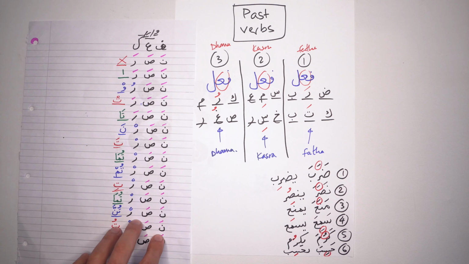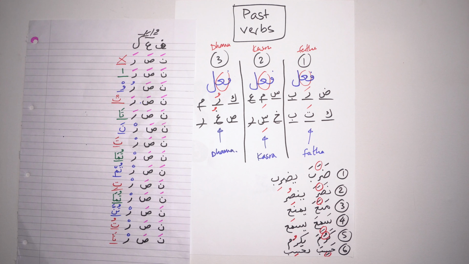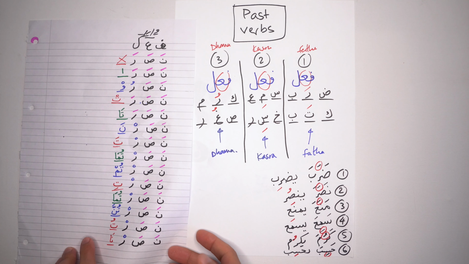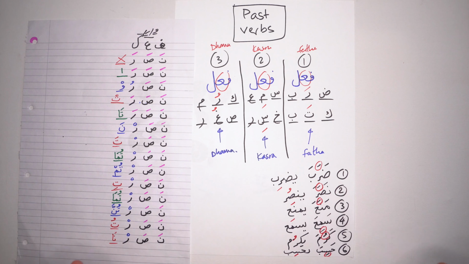This is what you should be memorizing, so that you know they're all going to fit this pattern. It's just a matter of changing this ayn with a fatha, a kasra, or a dhamma. That requires you to memorize it, and I don't want to focus too much on this. What I want to focus on is the changes that occur.